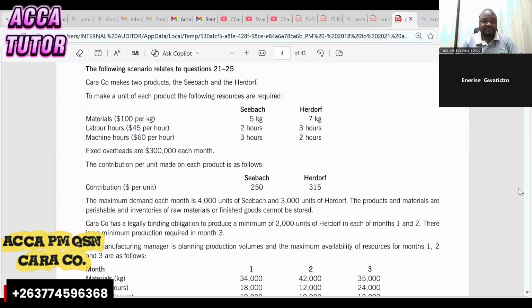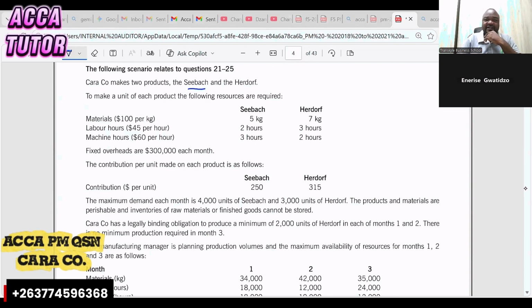Okay. Cara company makes 2 products. So this company is making 2 products, the seabirch and the head of. To make a unit of each product, the following resources are required. So these are the resources which are required.